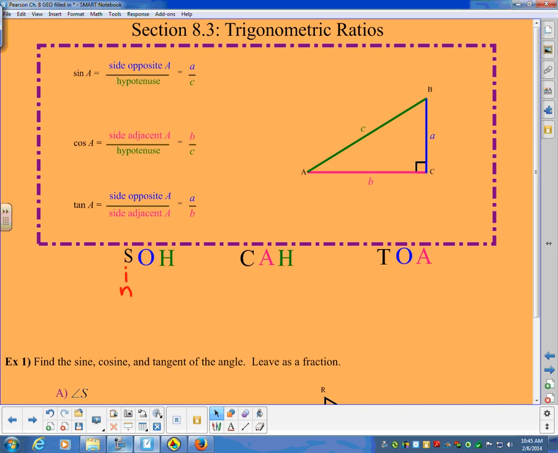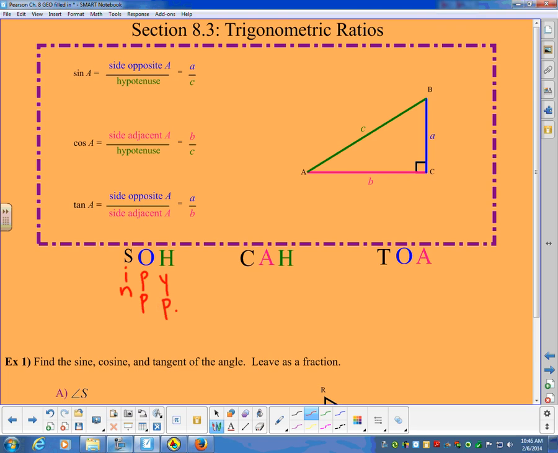So the S in SOH stands for sine. The O stands for opposite. The H stands for hypotenuse, abbreviated here. And so the sine of an angle is always the ratio of the length of the opposite side over the length of the hypotenuse.